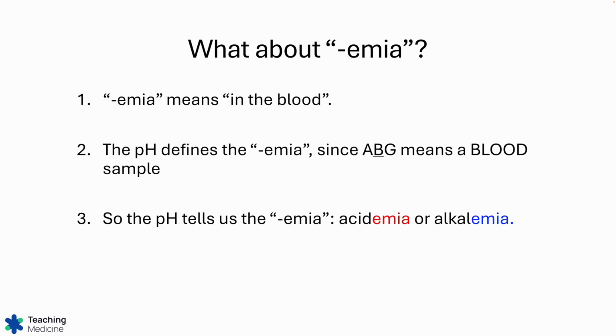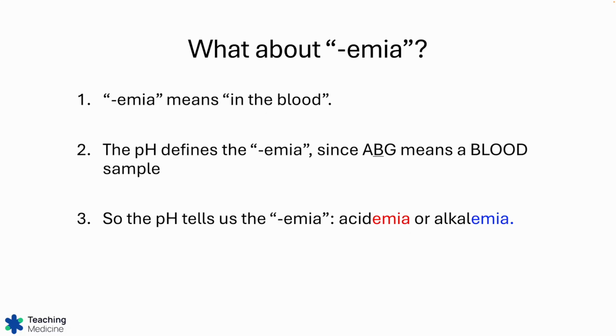Emia means in the blood, and the pH defines the emia, since the B in ABG means blood. So we're doing an arterial blood gas sample. We've literally taken blood and we're analyzing it. And so the pH, if it's low, is going to tell us that we have an acidemia, or if the pH is high, will tell us that we have an alkalemia.